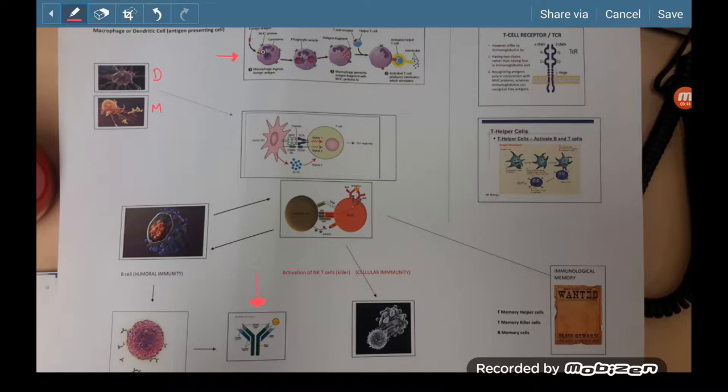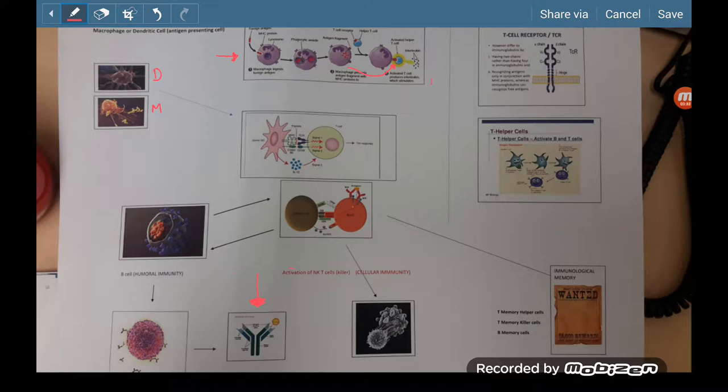In endocytosis, the whole pathogen, it forms a phagolysosome by fusing the phagosome and the lysosome. And the lysosome, in this case in an antigen presenting cell, partially digests the pathogen and then presents on its surface, using MHC2 protein, the antigen.